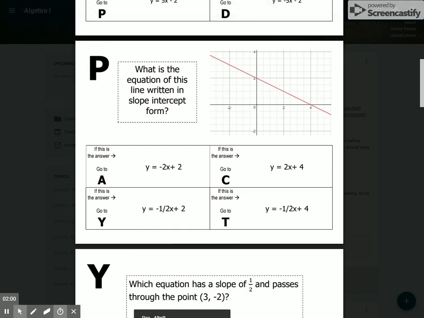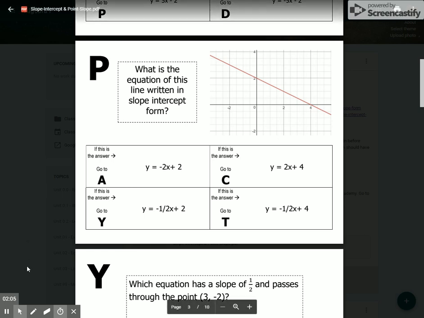For the next one, it says, what is the equation of this line written in slope-intercept form? So once again, slope-intercept form is y equals mx plus b. When you find the slope for this, your slope goes in for m, and the y-intercept, where it touches the y-axis, is going to be your b value.